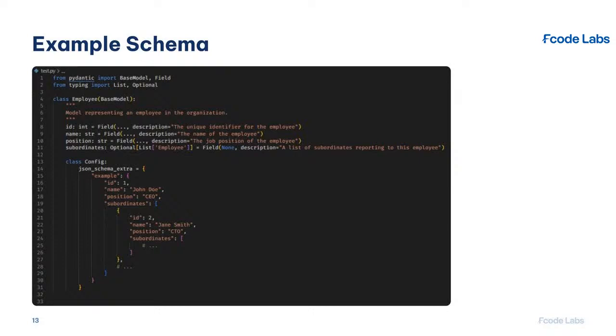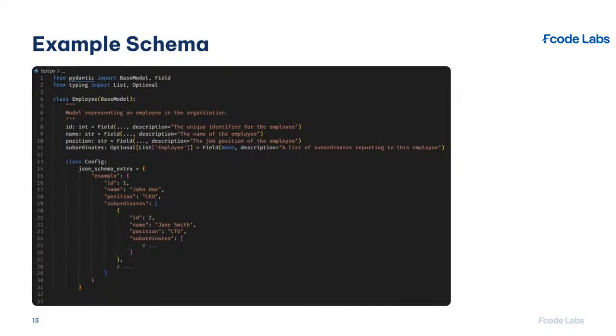And for all the fields I have put descriptions explaining what that field is. And if we generate a schema with this Python class, it's going to have all those comments, all that documentation and those descriptions in the schema.